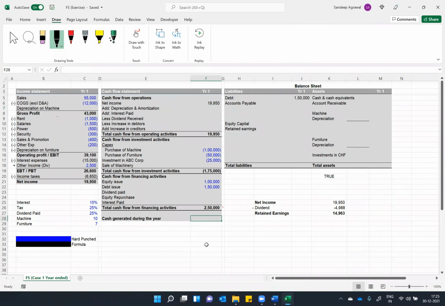And in cash flow, we calculate the cash increase or decrease. So we have to do CFO plus CFI plus CFF. So this is my CFO, this is my CFI, and this is my CFF.